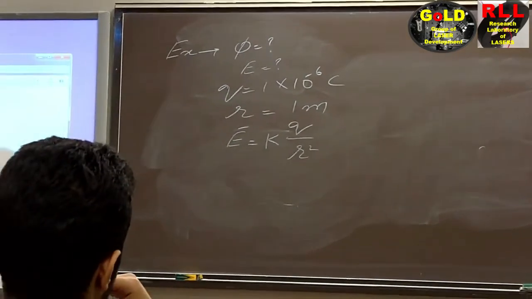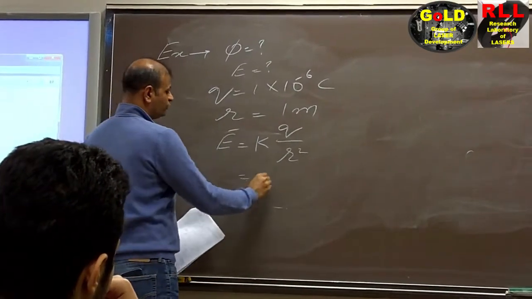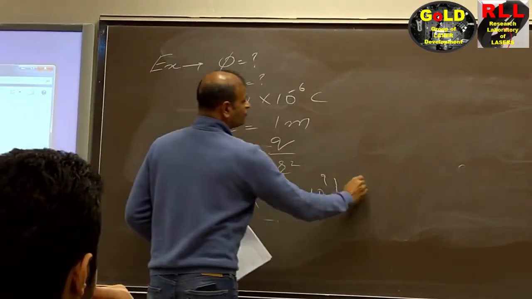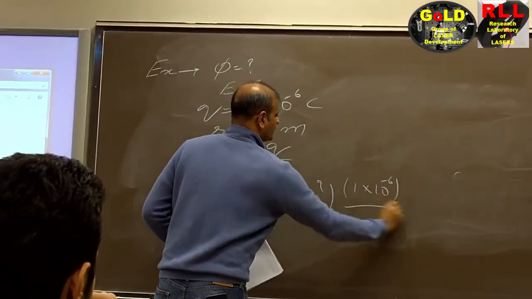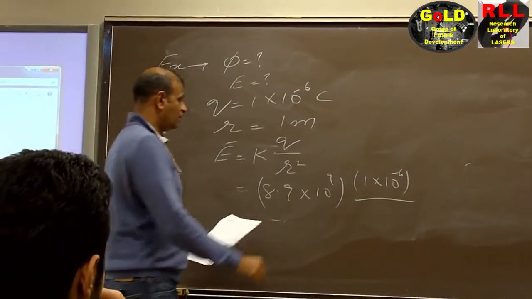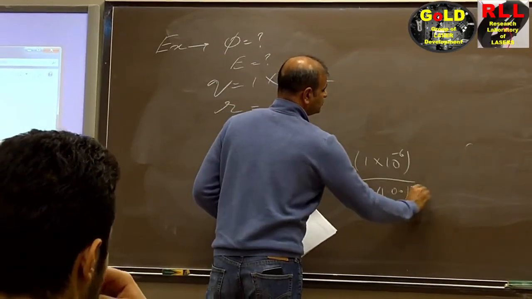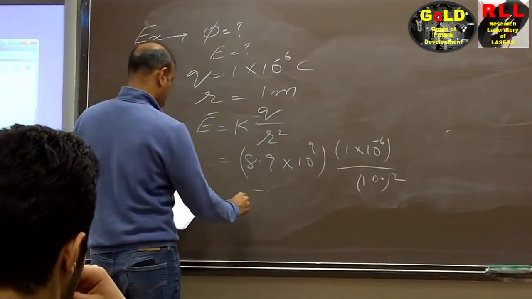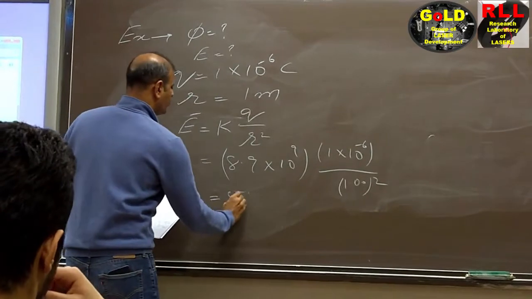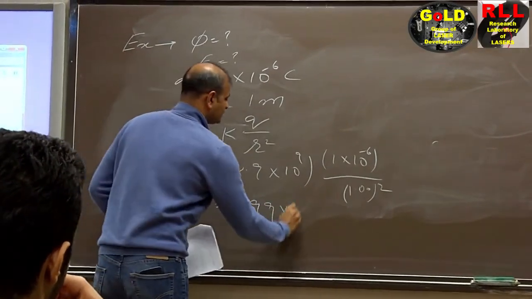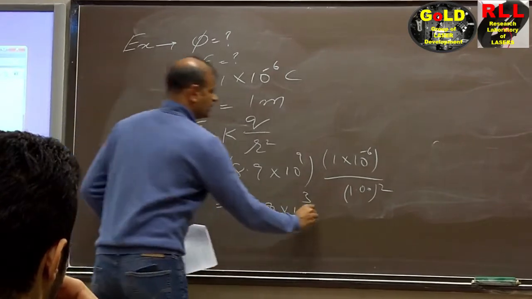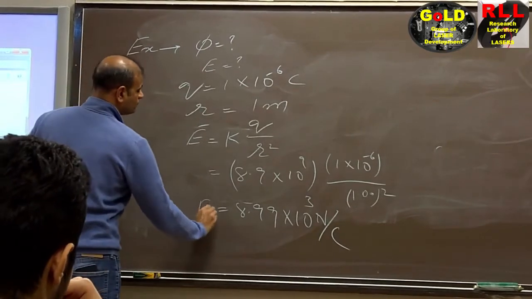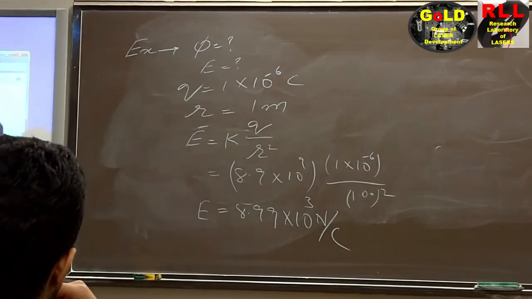Okay, so K is a constant which is 8.9 into 10 to 9, and this one is 1 into 10 to minus 6, and 1 square. So what value is coming here? 8.99 into 10 to 3 Newton per coulomb. Okay, this is E value, electric field.